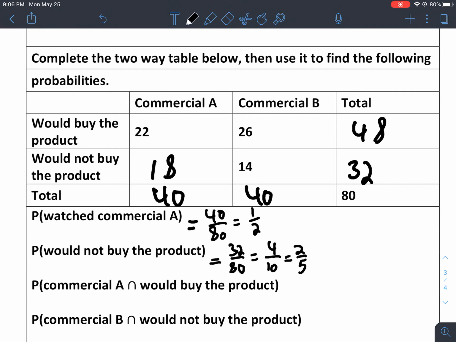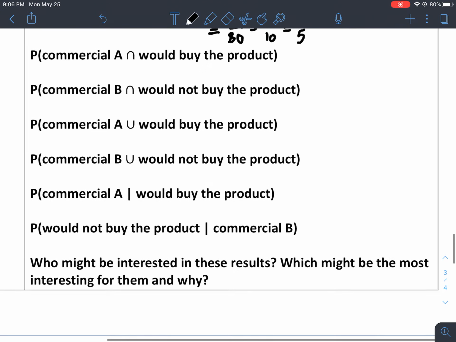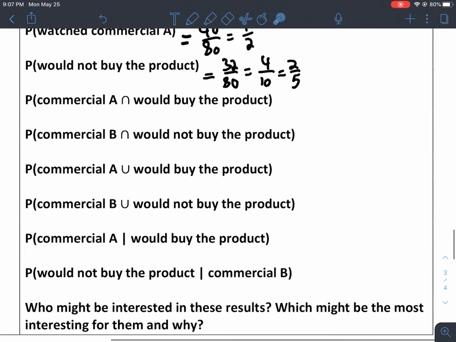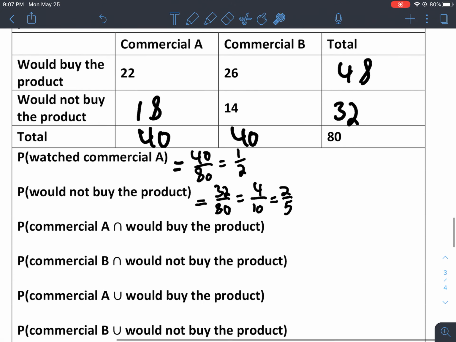All right. Now we get into our new stuff. So the probability that they watched commercial A and would buy the product. This is still out of our total of 80, it isn't like conditional probability.